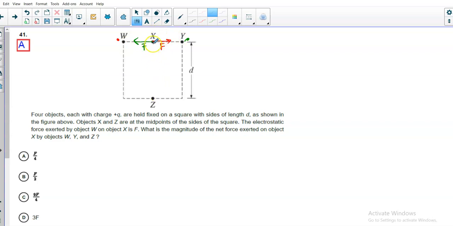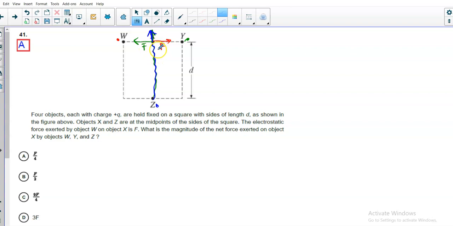The force by Z is going to be repulsive upward. It's going to be less than F because this distance is larger. Let me change that to blue. It's double the distance, as a matter of fact.